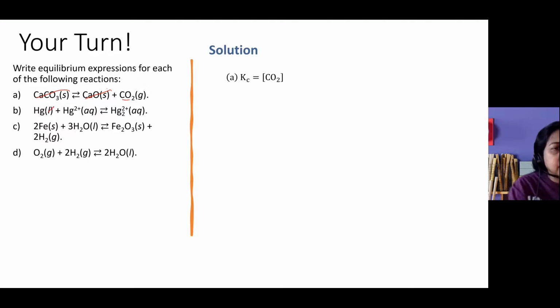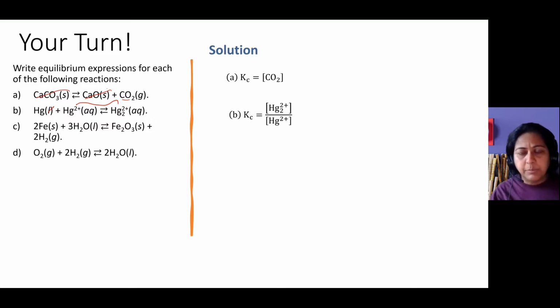Yes, this is in liquid phase, so the concentration of that is a constant. So we only need to include these two in the equilibrium constant expression. In C, iron is a solid, H2O is a liquid, Fe2O3 is a solid. So those species do not need to be included in the expression.